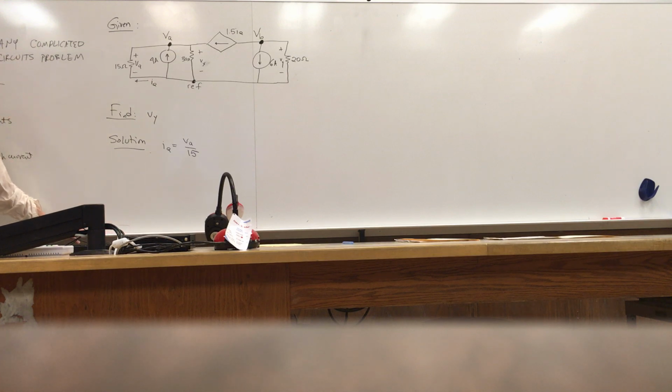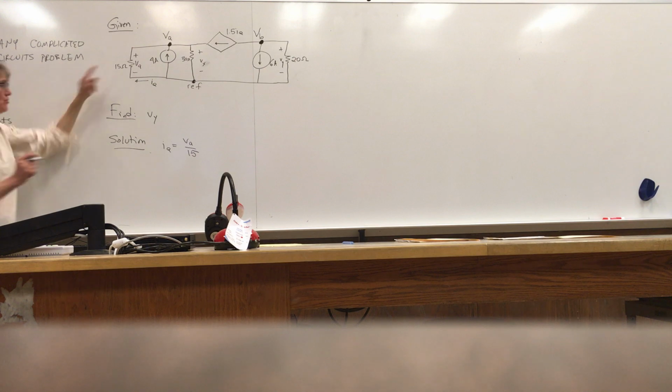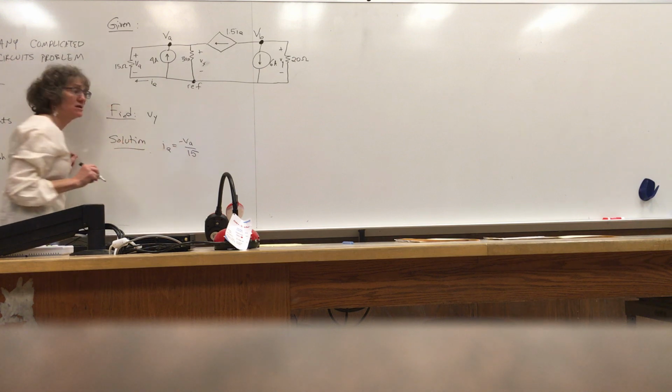Give you a hint, that's wrong. What's wrong with it? It's not really following Ohm's law because I have the arrow of the current pointing into the negative end of the voltage. So that means I have to put a negative sign here.